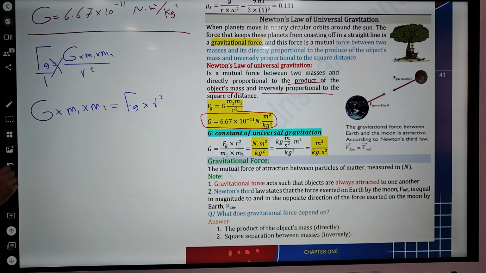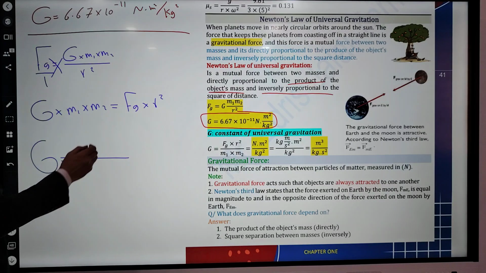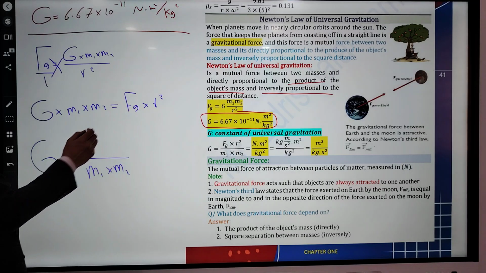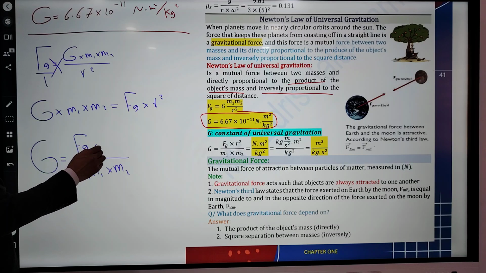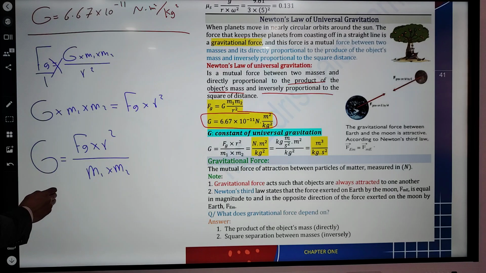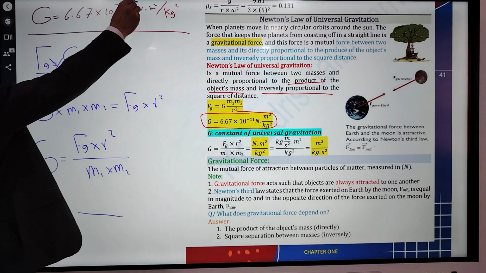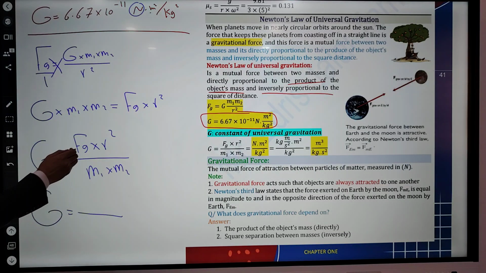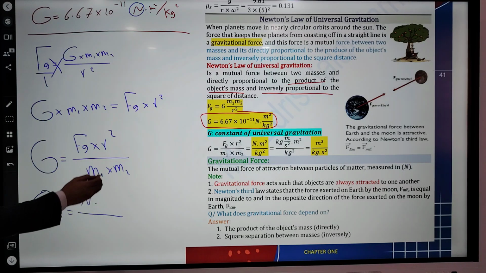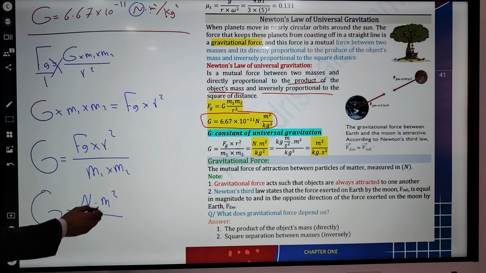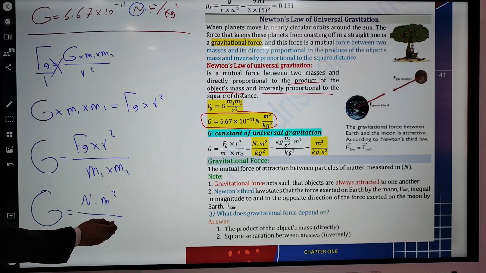Now I'm going to prove the unit of the gravitational constant, or universal constant of gravity. m1 and m2 go to the denominator, and Fg times r squared stays in the numerator. Now you can prove that the unit of G is Newton meter squared per kilogram squared. Fg is measured in Newton, r in meter so r squared is meter squared, mass in kilogram, kilogram times kilogram is kilogram squared.